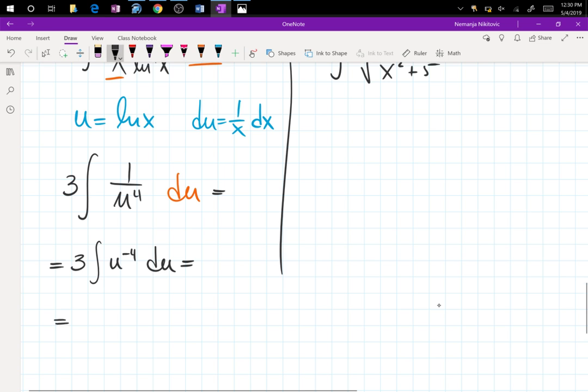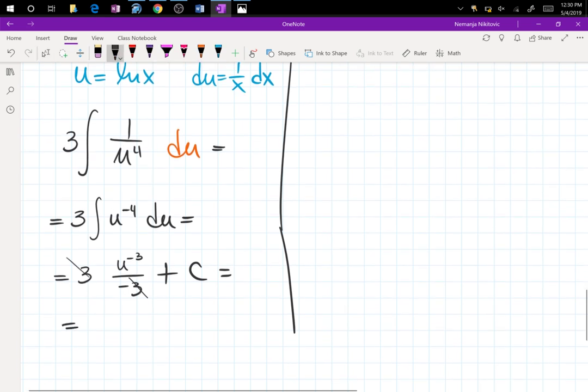And that is 3 u to the negative 3 over negative 3, plus c. The 3's would cancel, and you would get negative 1 over ln cubed x plus c.